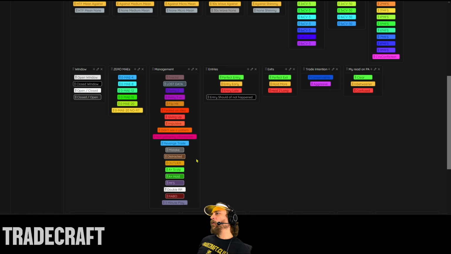Lost data. What this is: I didn't record the session or my recording got messed up. I still need to tag the trades. The reason I have lost data tags is because my overall P&L will be displaying a large number, but some of those trades I may not have actually done the review process or I didn't tag anything.